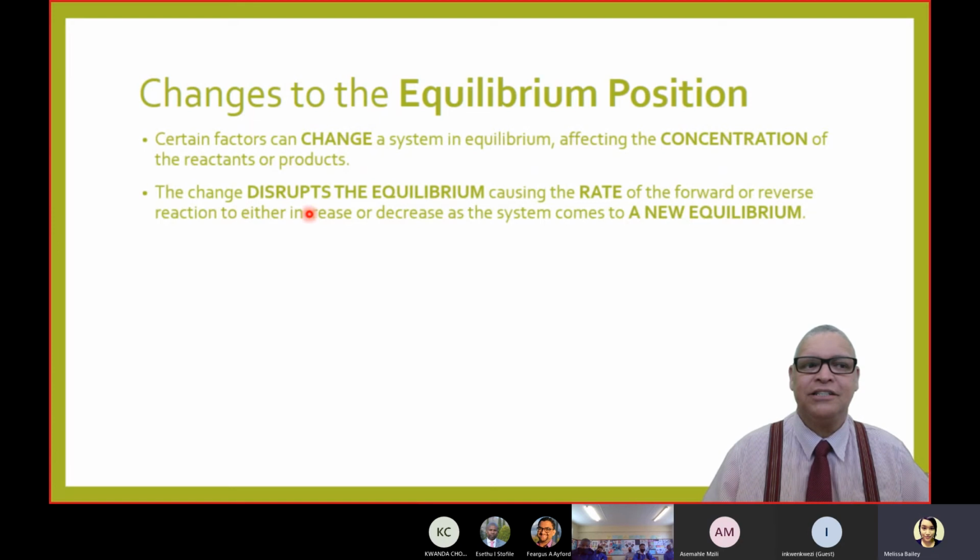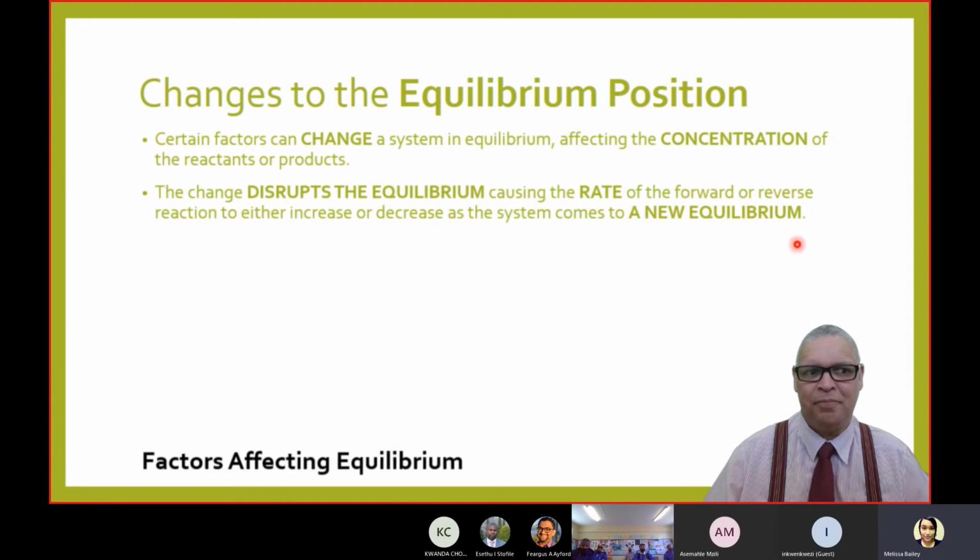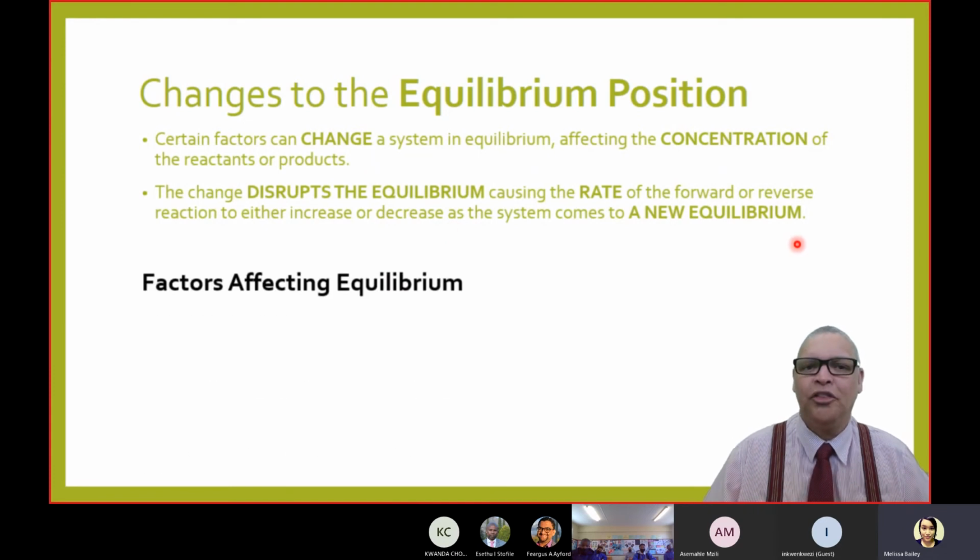The change disrupts the equilibrium, causing the rate of the forward or the reverse reaction to either increase or decrease because the system has to establish or come to a new equilibrium. So, what are those 3 factors? You've got your notes there, and there is space for you to make notes as we're going along. Please make a note of these important points.